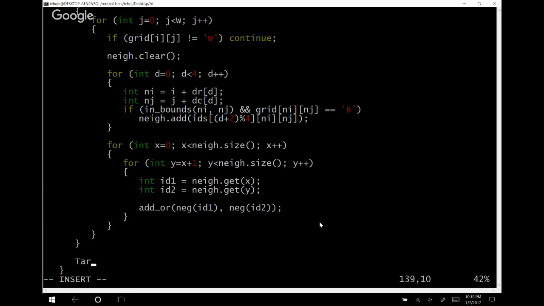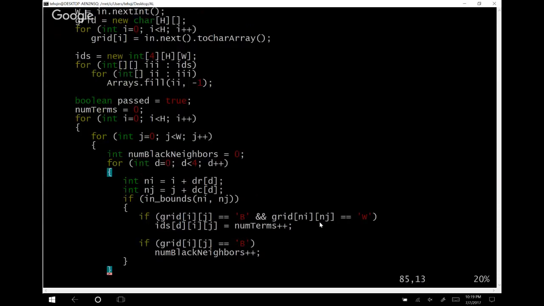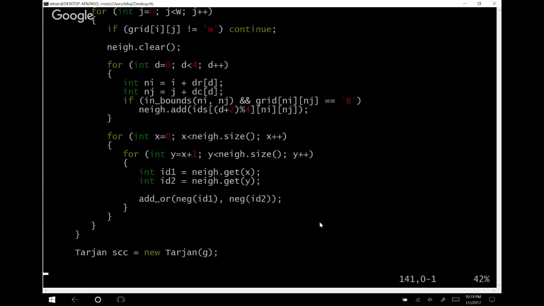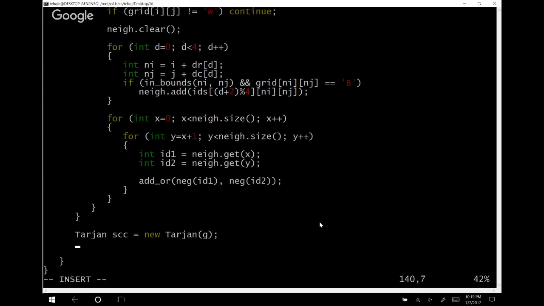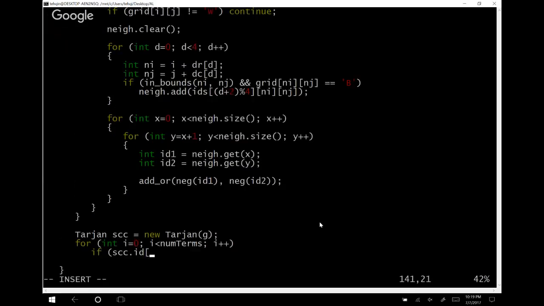Now I can run strongly connected components code on my graph. I'm assuming I'm passing, but if I have a contradiction, in other words, if they end up in the same strongly connected component, they'll have the same ID.